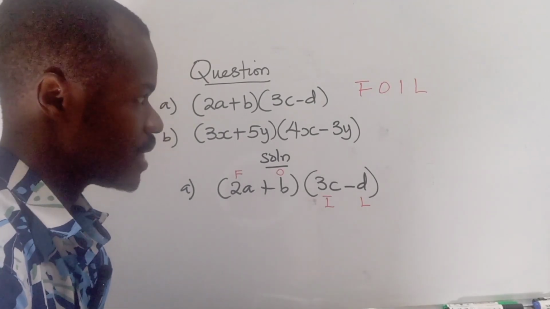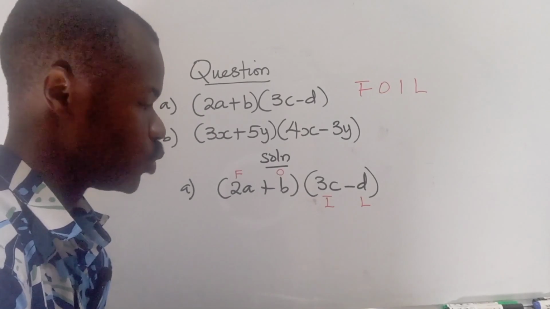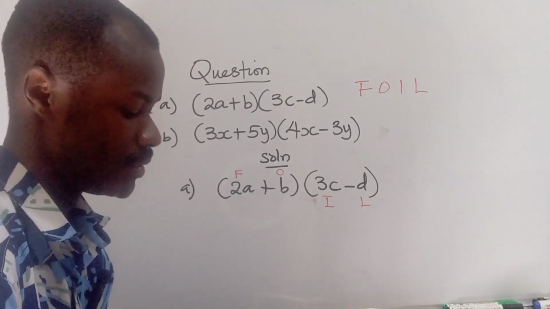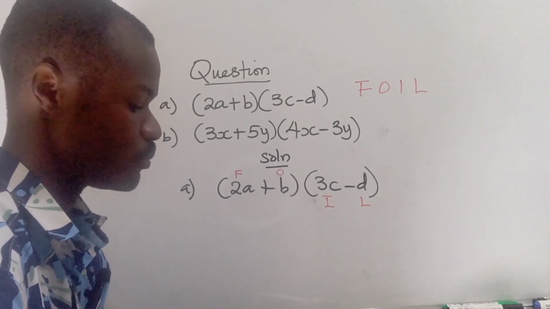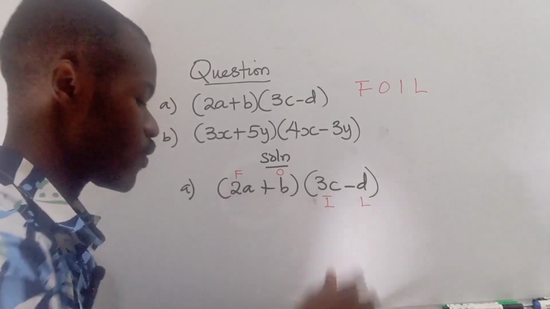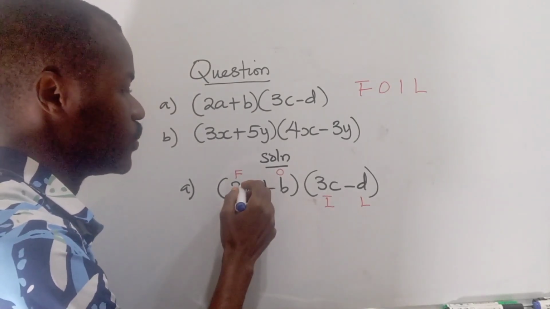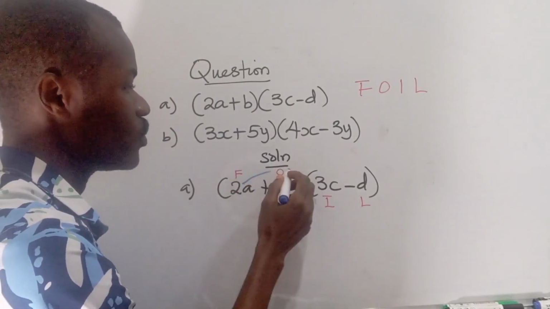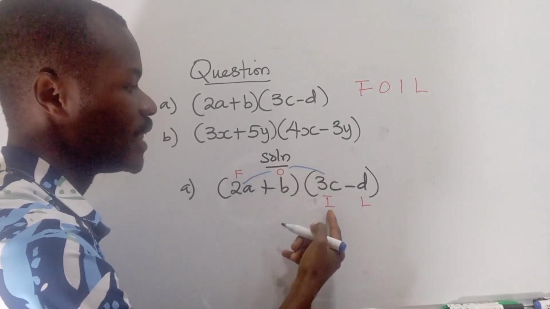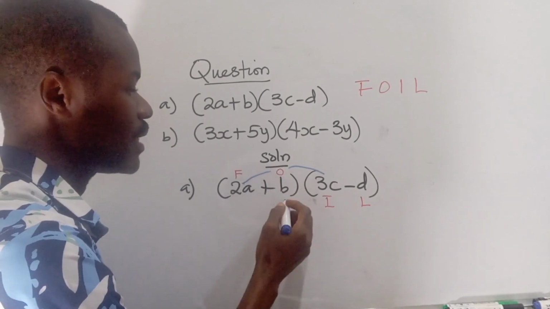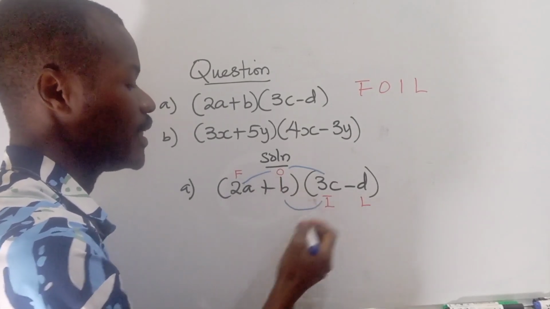All right. So now the next thing you want to do is begin to expand the bracket. Open the bracket using FOIL. We are going to start with the first term here multiplying the inner term, and the outer term here multiplying the inner term.